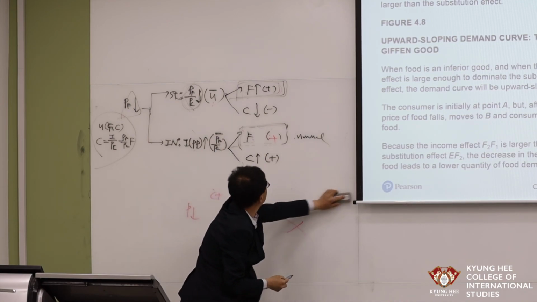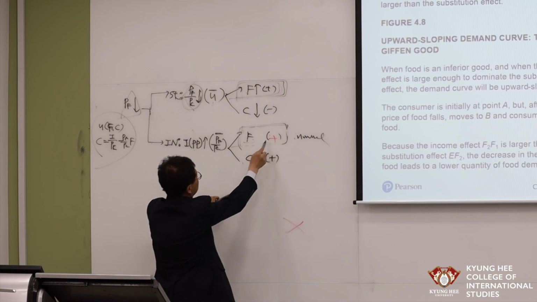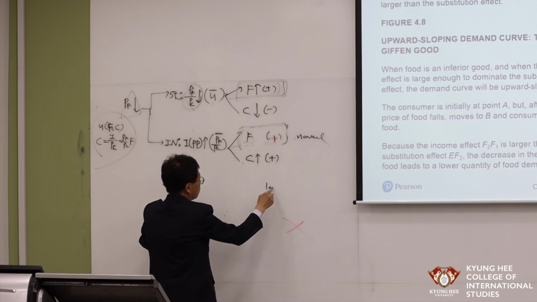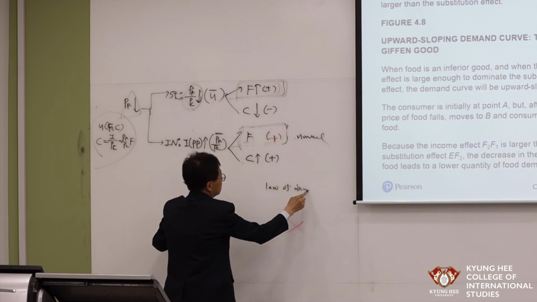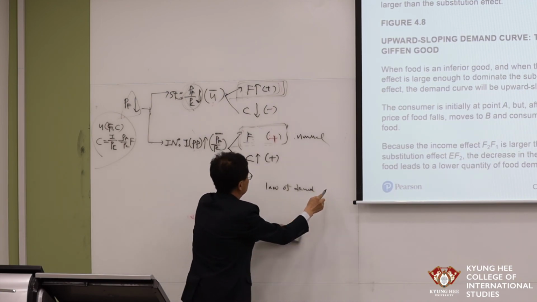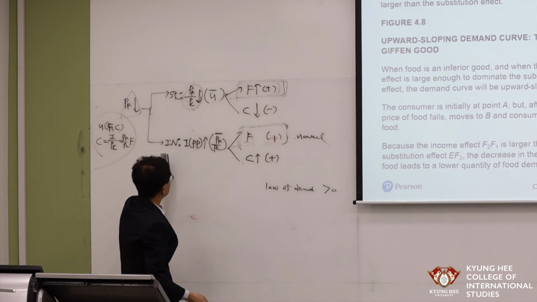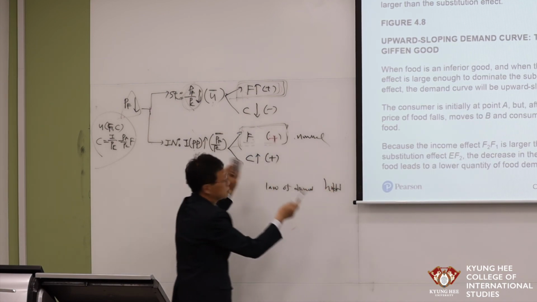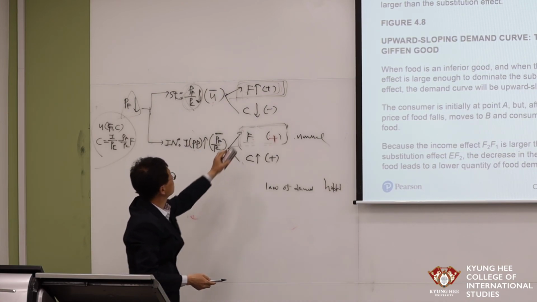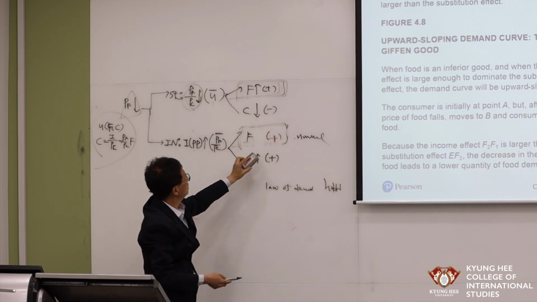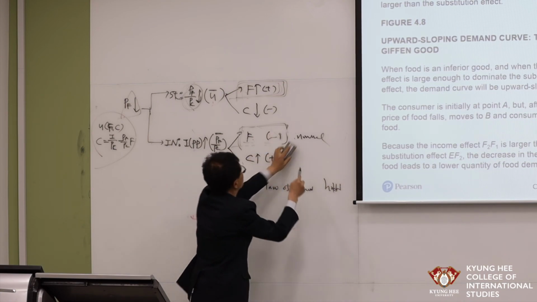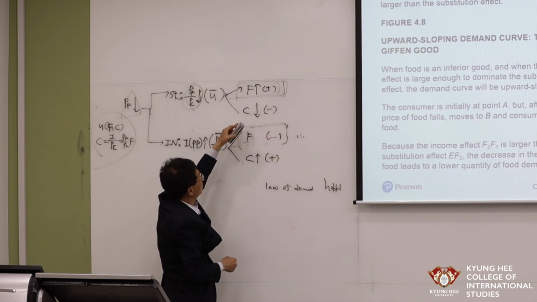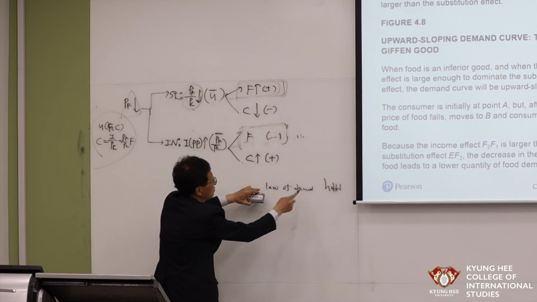And in the normal good case, this is positive, so the law of demand holds, positive by the whole. Right? The price decreases, demand for the good increases, positive, positive, right? And sometimes this is negative, right? But the substitution effect is stronger than the income effect. So the law of demand still holds.